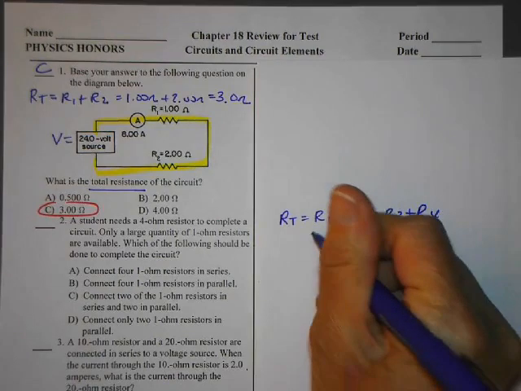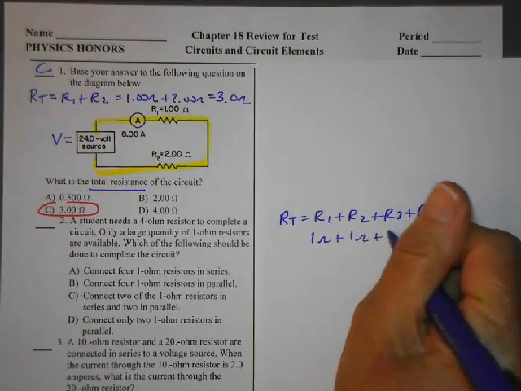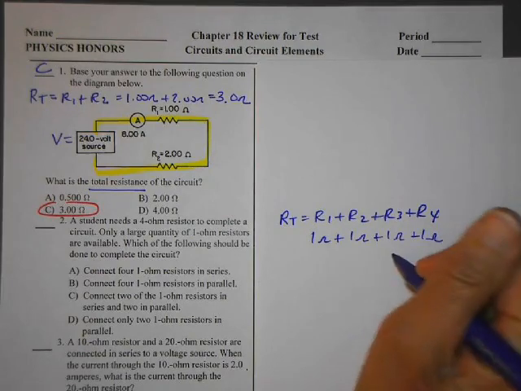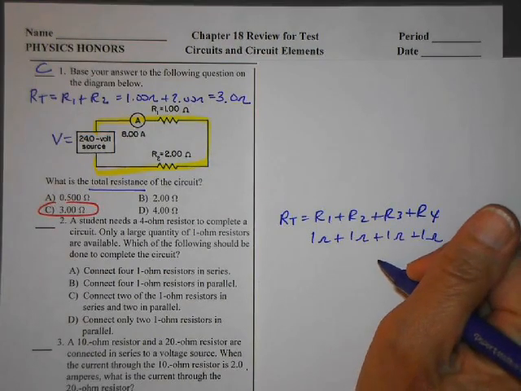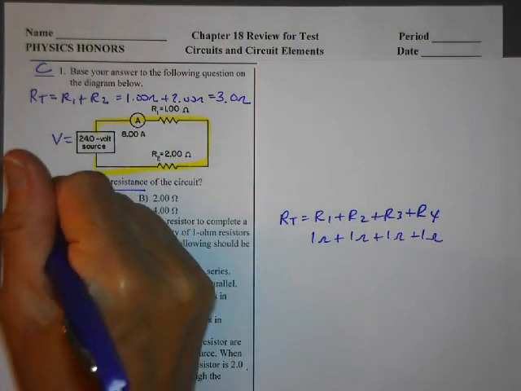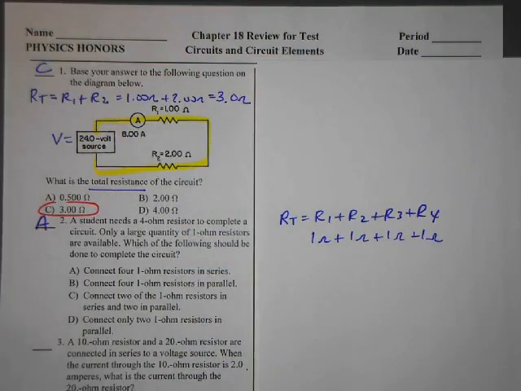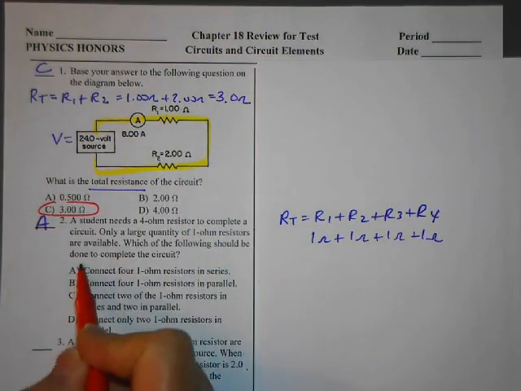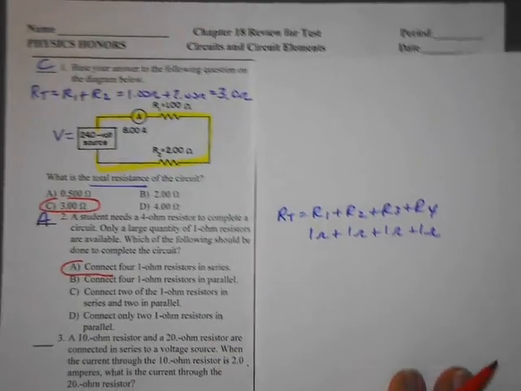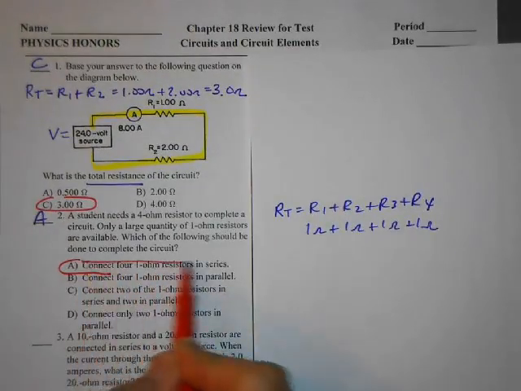So it would be 1 plus 1 plus 1 plus 1, which would give me 4. So the answer to number 2 is A. And I could just use the equations and look at the other ones, but here, that's our answer, so I'm not even going to bother.